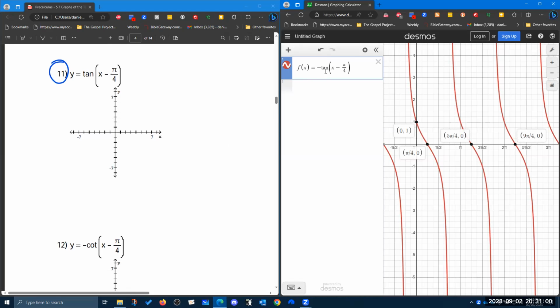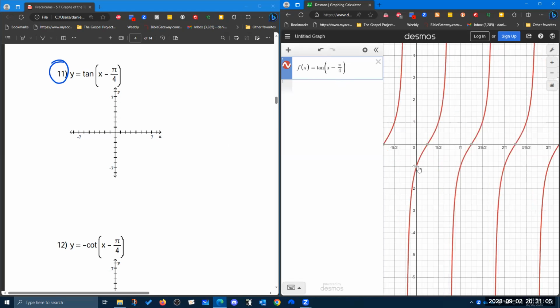And for our last one, we're going to get rid of that reflection over the x-axis. So we have 0, negative 1. pi over 4, 0, pi over 2, 1, and our asymptote is going to be at, what would that be, 3 pi over 4?